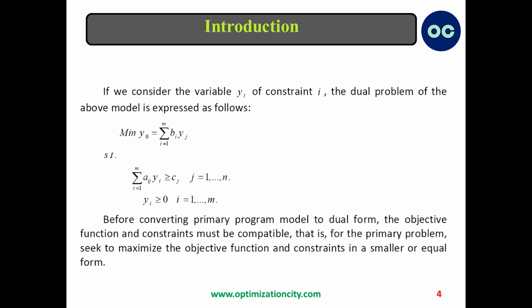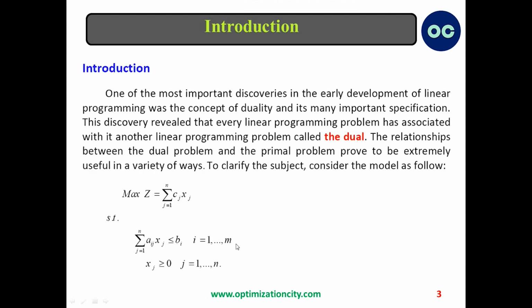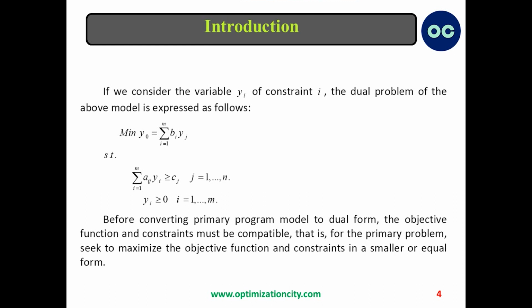Now let's focus on the dual problem of the model mentioned here. If we introduce the variable yi for each constraint here, we have m yi variables. The dual model can be formulated as follows.